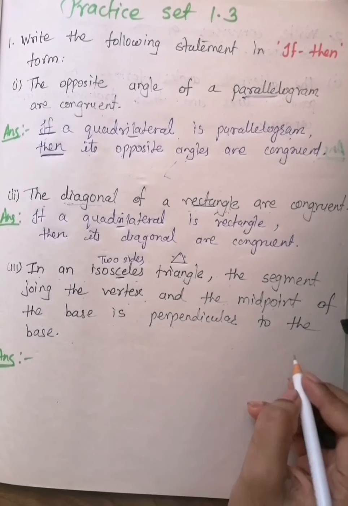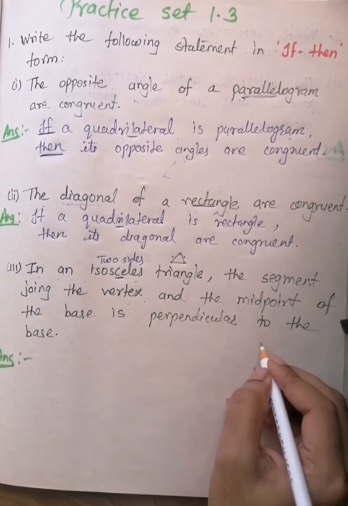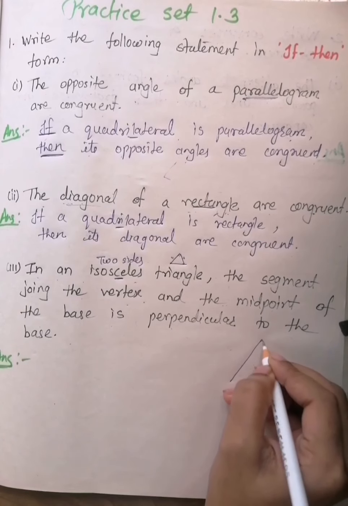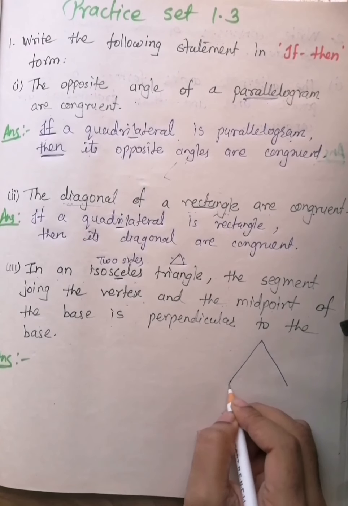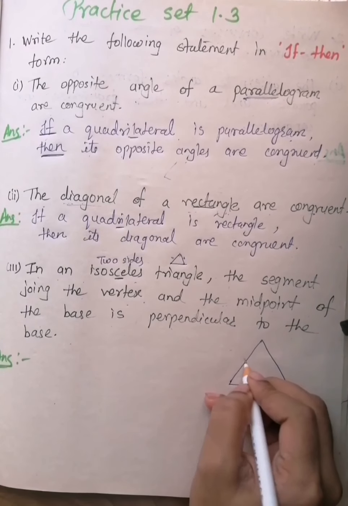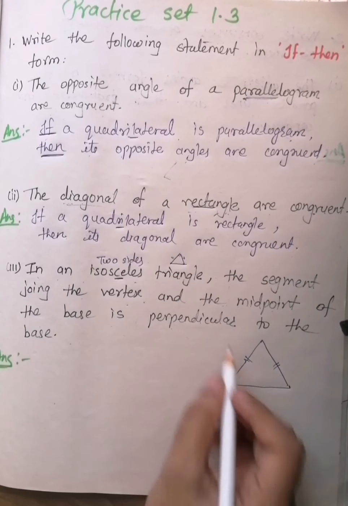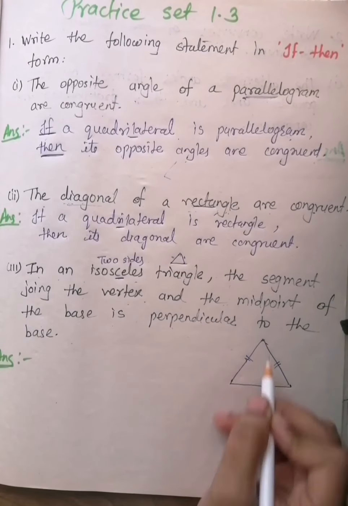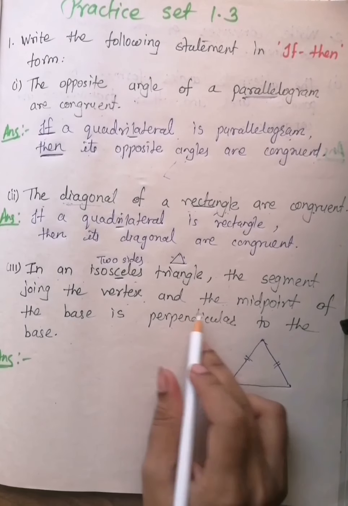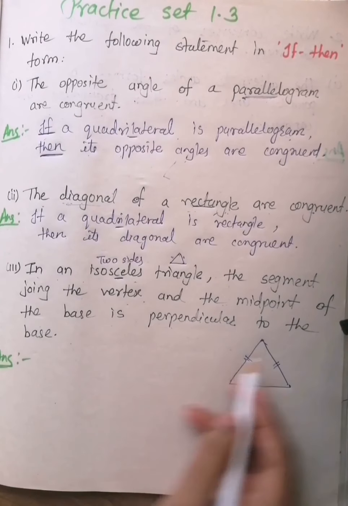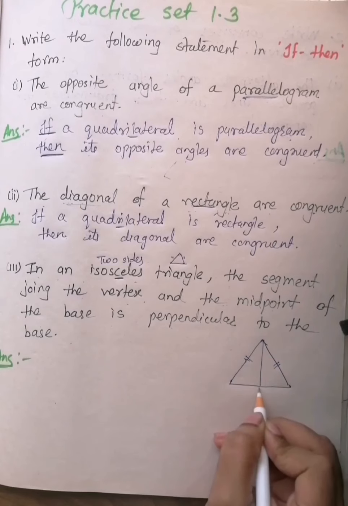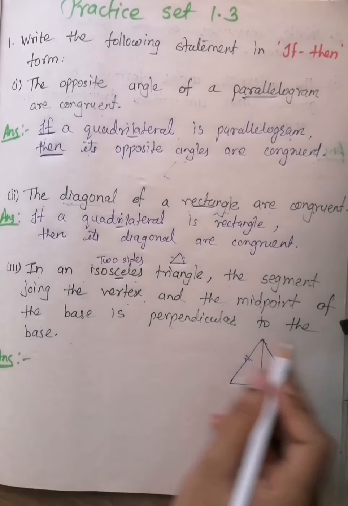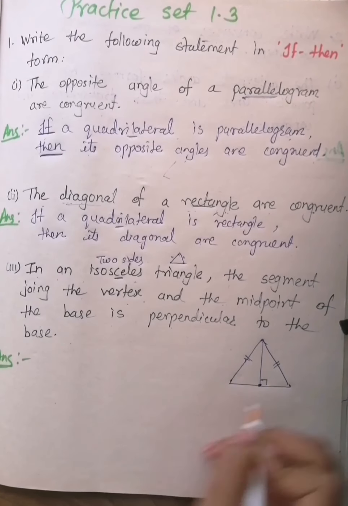Now first we have to draw the figure, then you will get clear. This segment joins the vertex and the midpoint of the base, this is the midpoint, and it is perpendicular to the base.